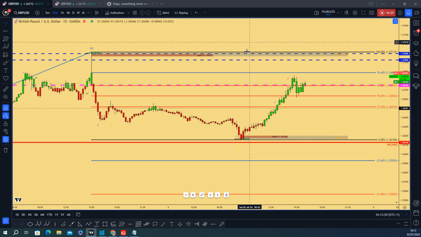Patience is your friend. We have to look at the price using these key levels to take the trade up or down. Okay, but the bias on the weekly chart, on the daily chart, on the 4-hour chart, and on the 1-hour chart are all bearish. Very important. There's nothing to negate that bearishness.